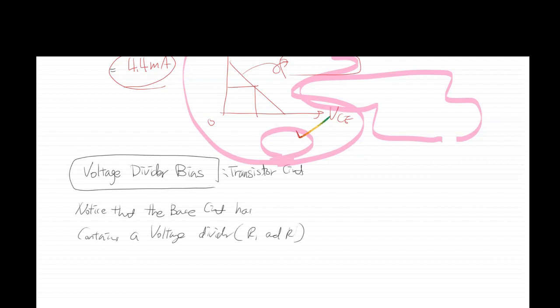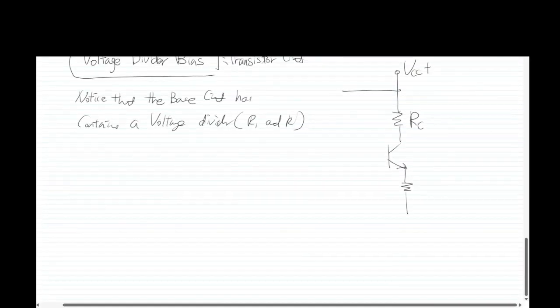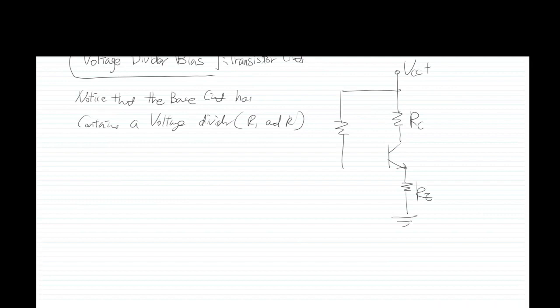I'm going to draw it for you. Like this one. This is the V sub CC plus. That was R sub C. That was R sub E here. And then base, collector, emitter.